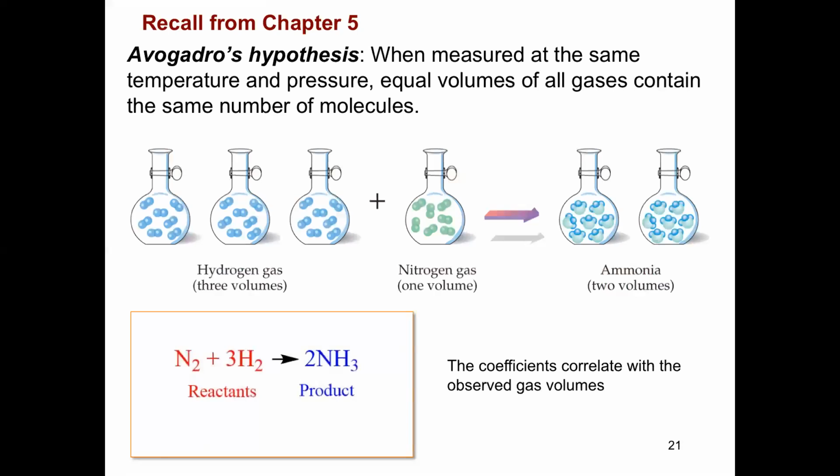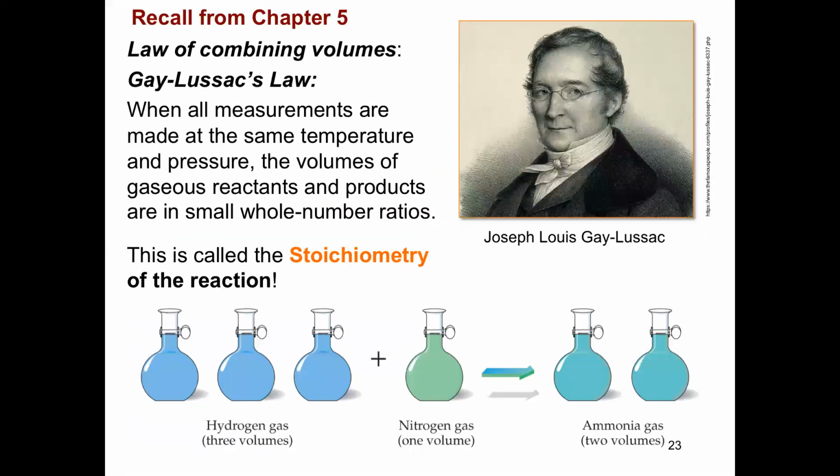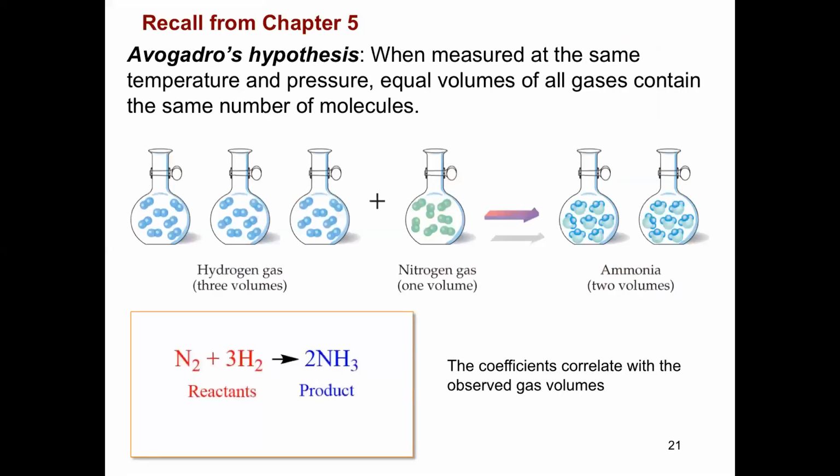Combined with Gay-Lussac's law, that gases combine in whole number ratios, together that helped us understand stoichiometry and what these moles were. So Avogadro's hypothesis: when measured at the same temperature and pressure, equal volumes of gases have the same number of molecules.